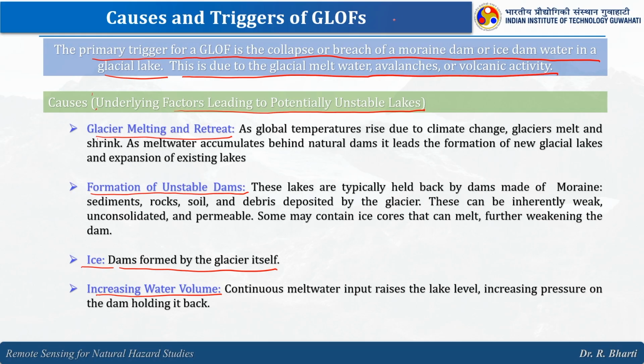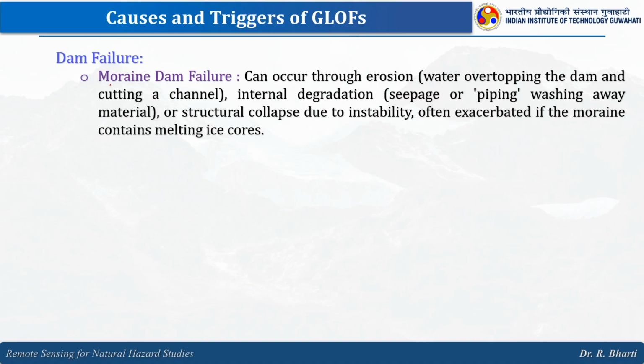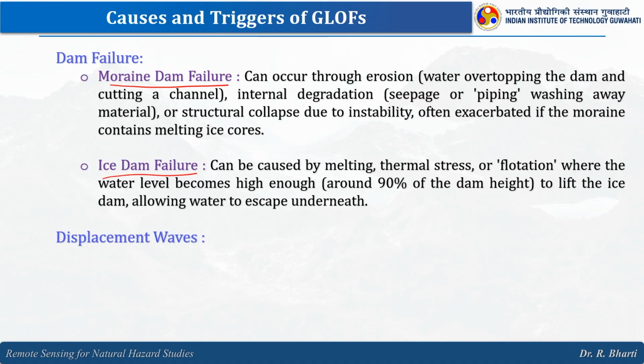So, these will cause or trigger the GLOF. The dam failure, the moraine dam failure, ice dam failure. These dam failure mechanisms have a direct impact on the GLOF, right.